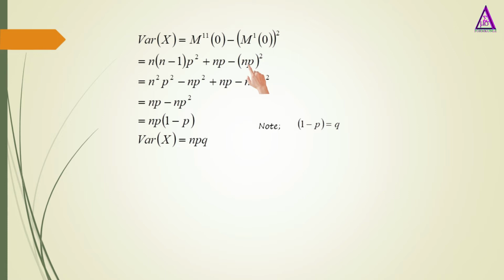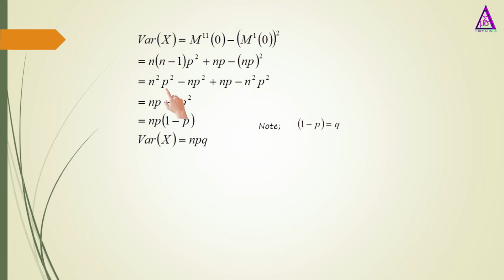So therefore, by calculation, when we multiply this first one by n and p square, we have n square p square minus np square, plus this np minus, when we use this square to open this bracket, we have n square p square.